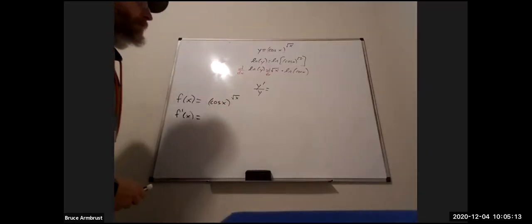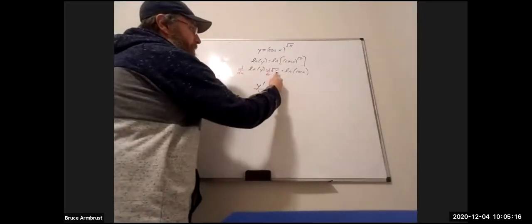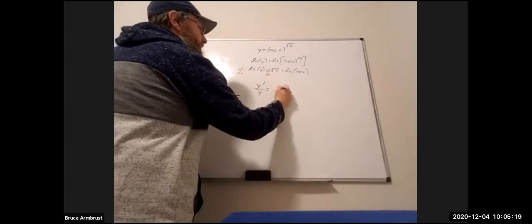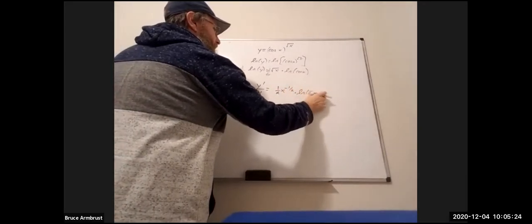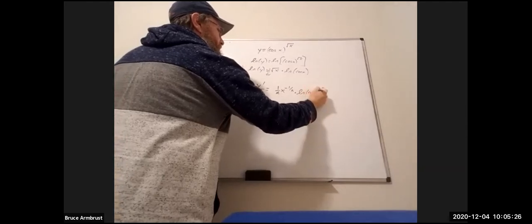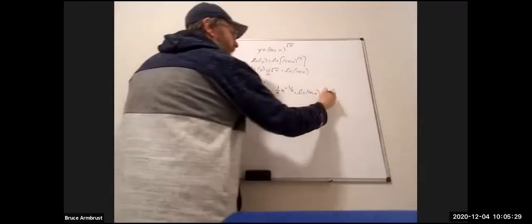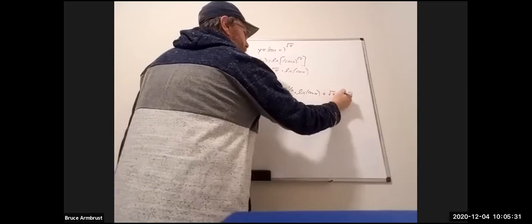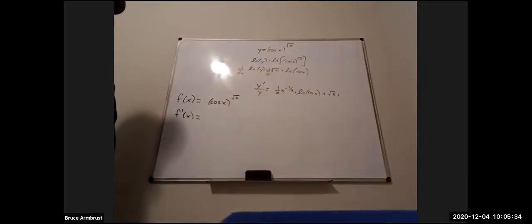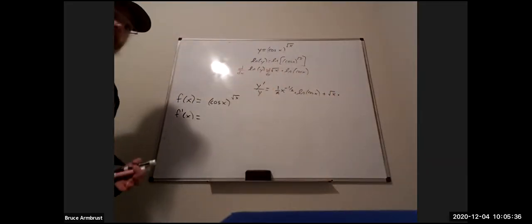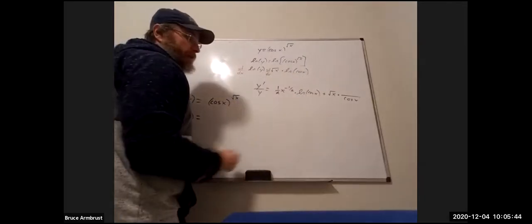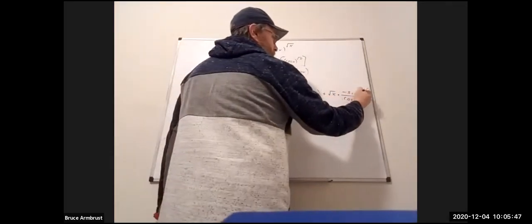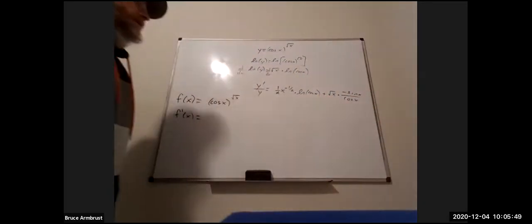Now on the other side, we've got to use the product rule. So we differentiate the square root of x. That's 1/2 x to the minus 1/2 times the natural log of cosine of x. And we're going to add to that the square root of x times the derivative of natural log of cosine. Let's do it fast again. It's a fraction. The bottom is the cosine, and the top is the derivative of cosine, which is minus sine.